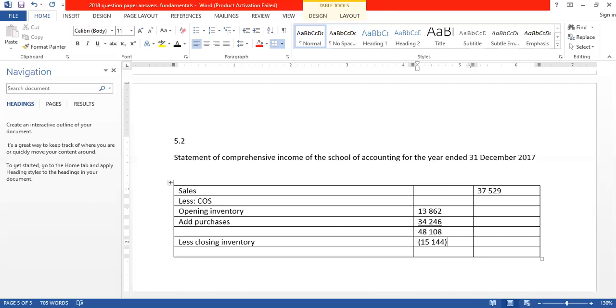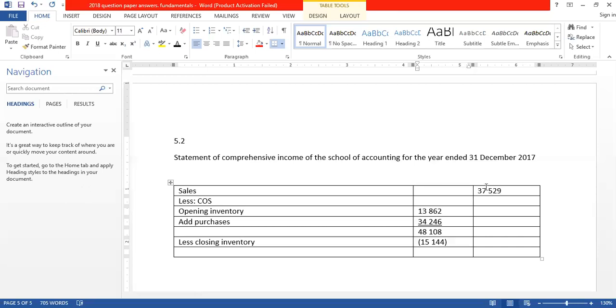Balances of 2017 are our closing balances. So 15,144, and then you get your closing stock of 48,108 minus 15,144.